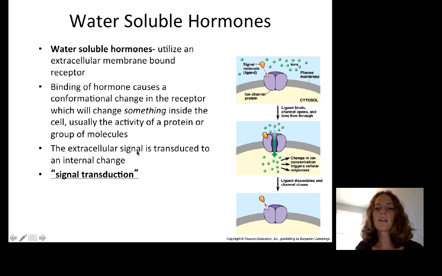When the extracellular signal, or the signal outside of the cell, becomes a change inside of the cell, that transduction, or that domino effect inside the cell, we call signal transduction, because it's not the original signal that entered the cell. It's a second set of molecules inside the cell that had to be transduced.